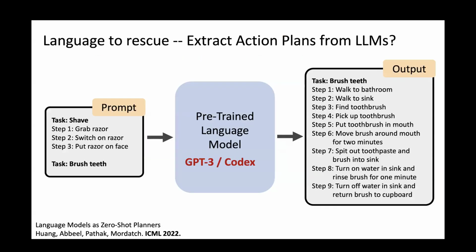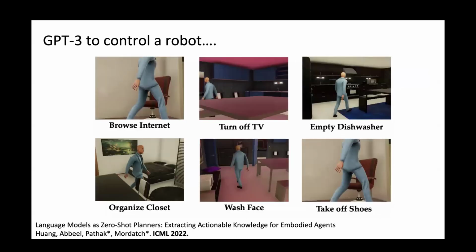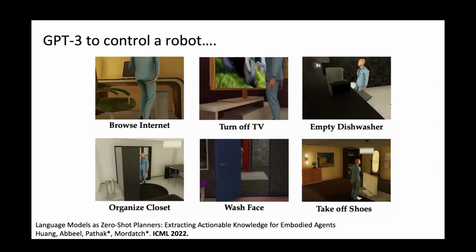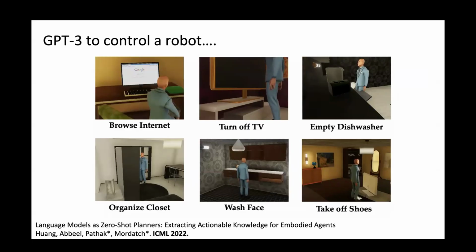So what we show is that by simply having language models and by prompting them with examples of how to solve tasks, they can output sub-steps of subtasks, which you can then execute in these simulations to achieve the task. And in fact, in this VirtualHome scenario, we almost solve the whole benchmark without using any data from the benchmark itself.